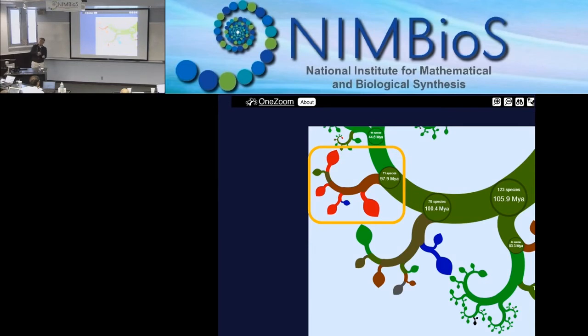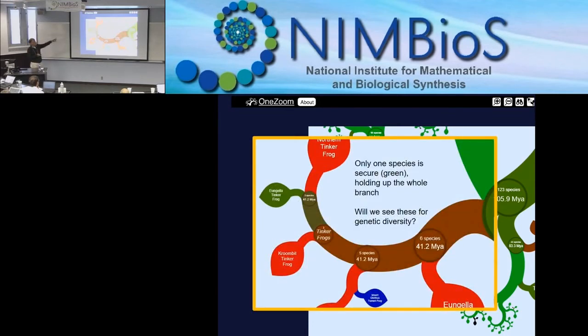So in addition to highlighting, as a conservation biologist, our priorities for protecting critically endangered species, we want to give more attention to this tinker frog here, where it's a secure species. It might be neglected and unappreciated because it is secure. And you'll see that many times in the IUCN Red List.